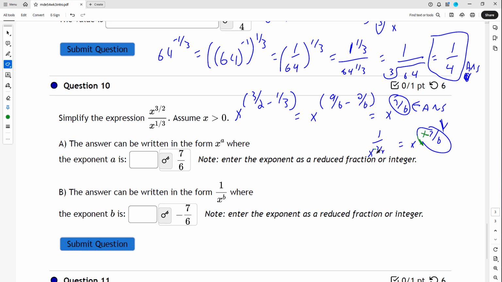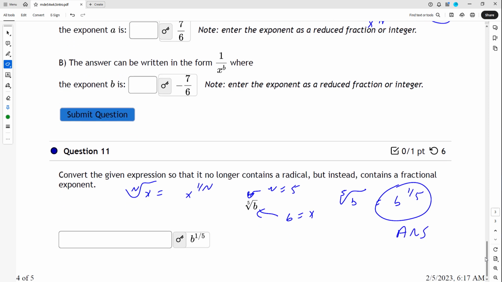So down here, it's a negative. What that negative means is it really belongs someplace else up top. So when you put it up top, you get x to the 7/6, just like you had before. And it's the same thing in this case here. When it's down there, it's a negative 7/6. And that is number 10.